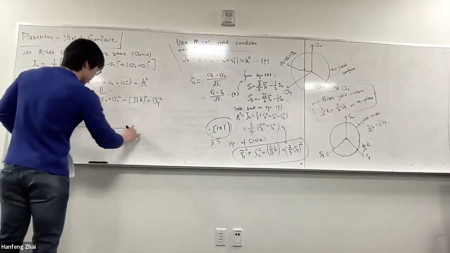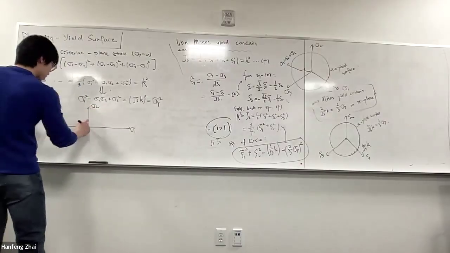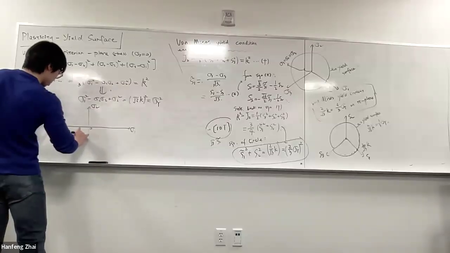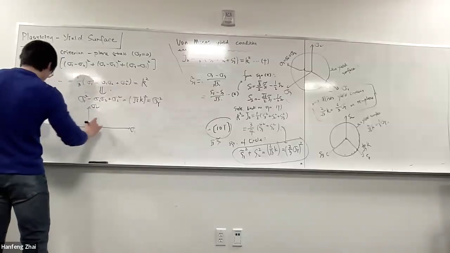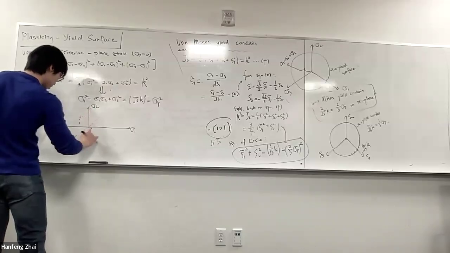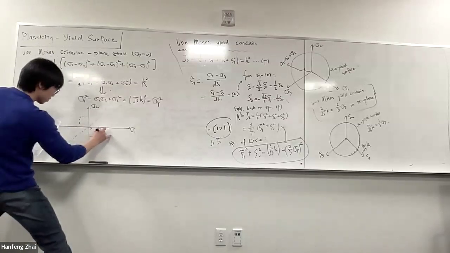So it should roughly look like this. You have sigma 1, sigma 2, and this is the origin. This equation corresponds to a shape that looks like this.